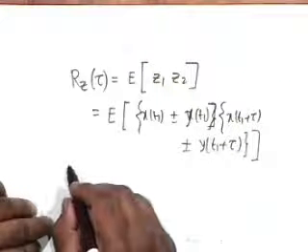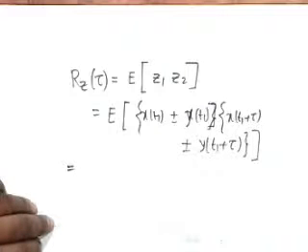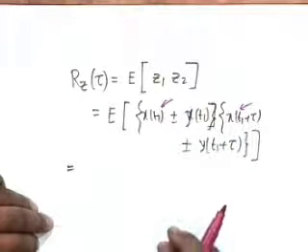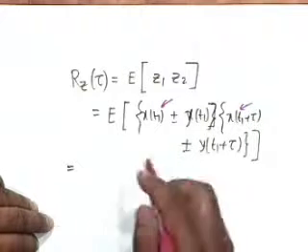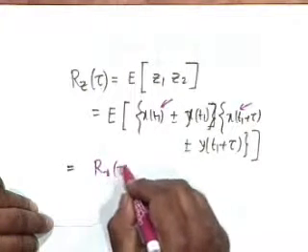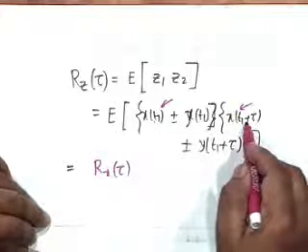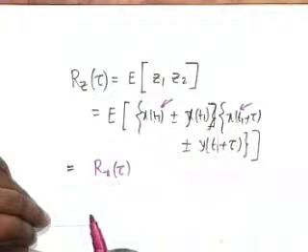And if you cross multiply, you see that x of t1, when it multiplies x of t1 plus tau, the expected value shall be simply rx of tau. Is that clear? When this multiplies this, two x's, you simply get rx tau.